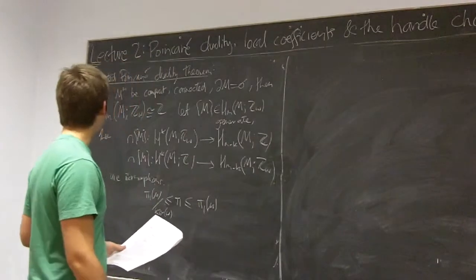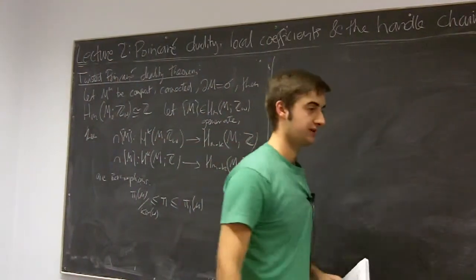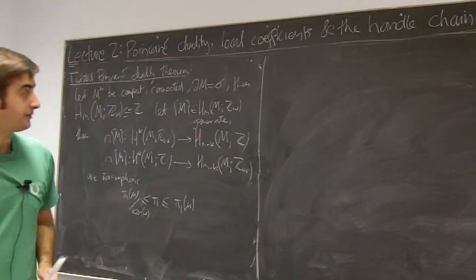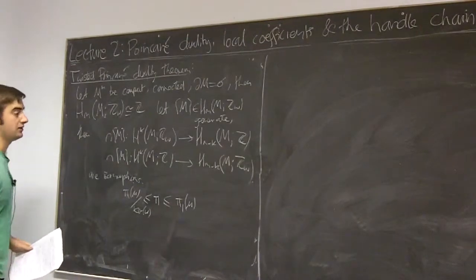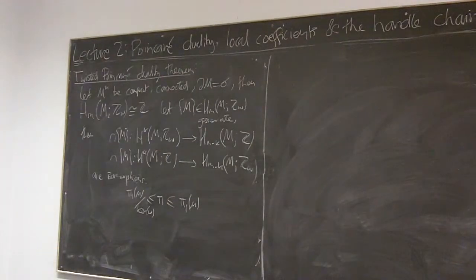And now in Andrew's book there are several formulations of Poincaré duality. I'll talk a little bit about what he calls twisted Poincaré duality, and also the slightly more general universal Poincaré duality.